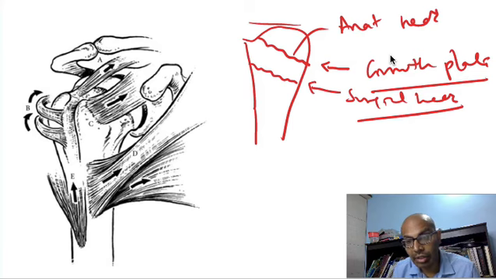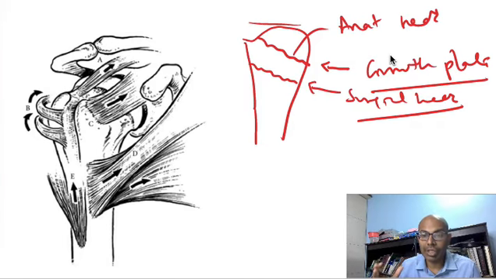It is called the surgical head because this is where the fractures occur more frequently. The reason is theoretically hypothesized to be a large metaphyseal area, which is a little weaker than the anatomical head, and therefore it tends to fracture more commonly at that area. So this is the difference between the surgical head and the anatomical head in the proximal humerus.